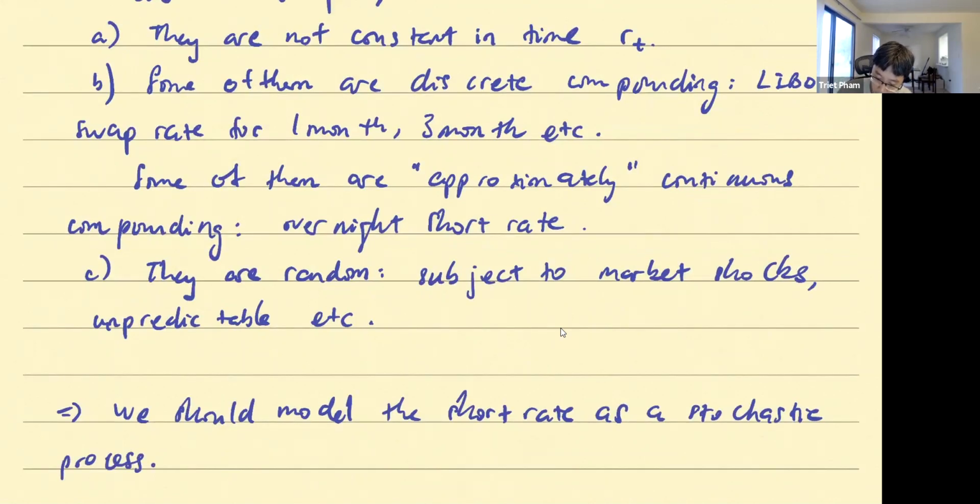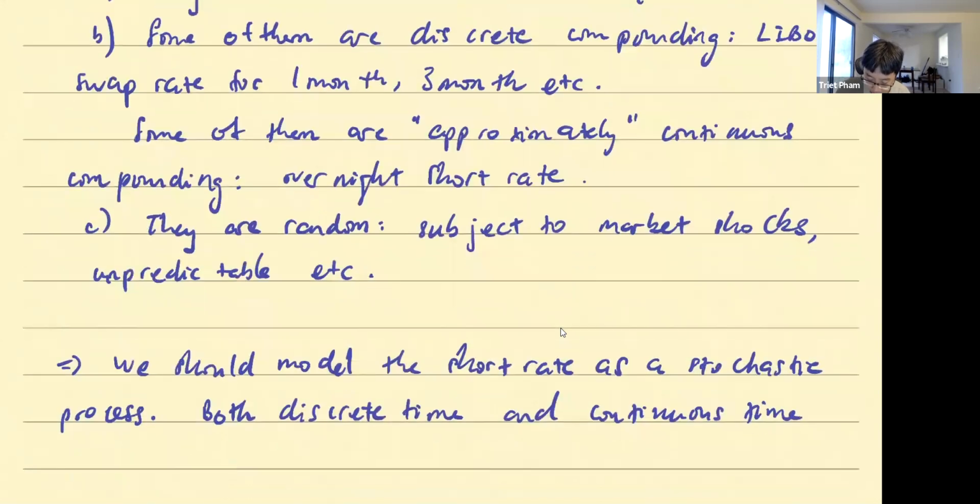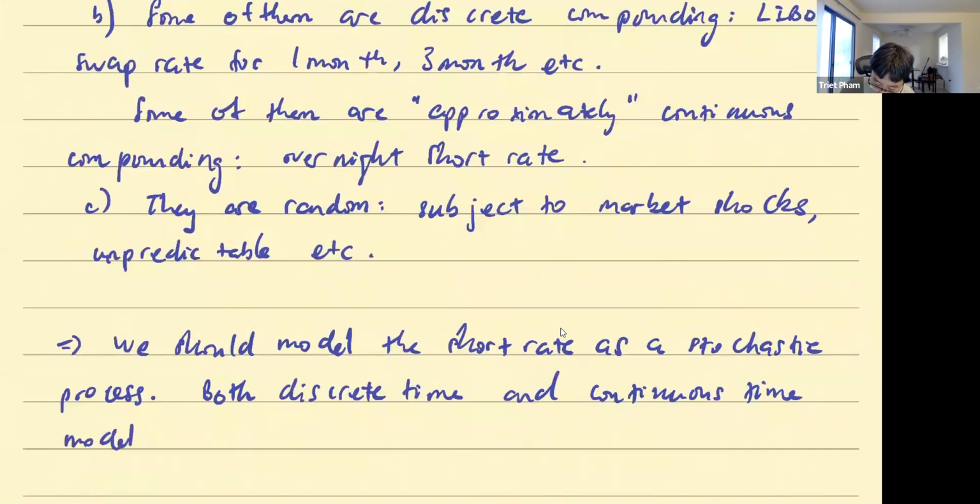And the fact that some of them are discrete compounding, say you lock in the rate for 1 month, 3 month, that kind of thing, lends itself to a discrete time model. So both discrete time and continuous time models are appropriate.